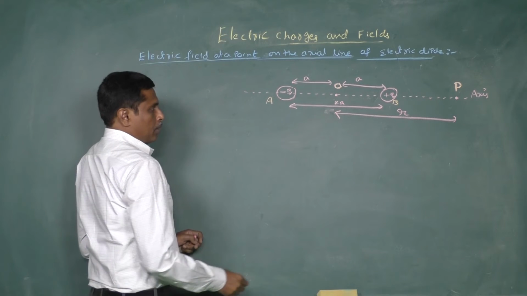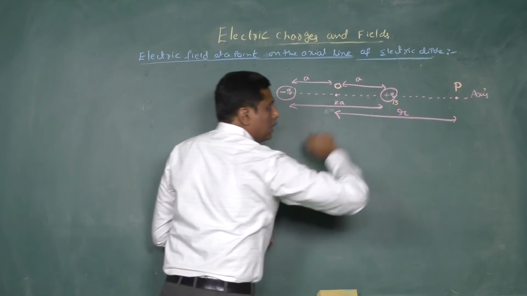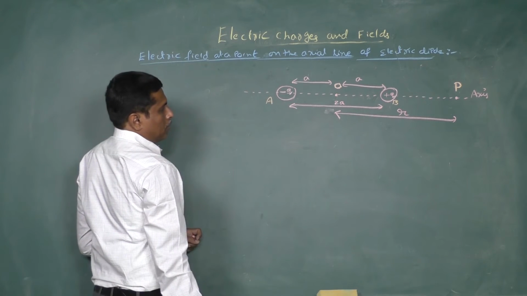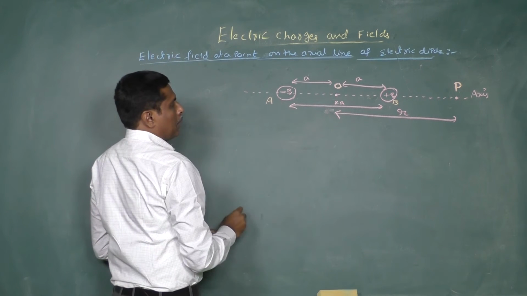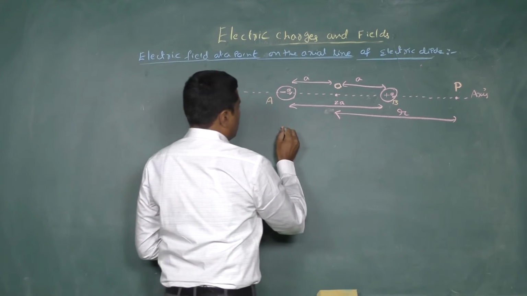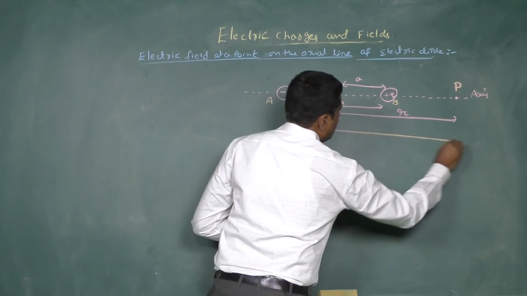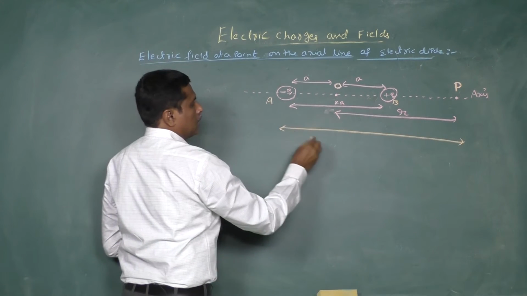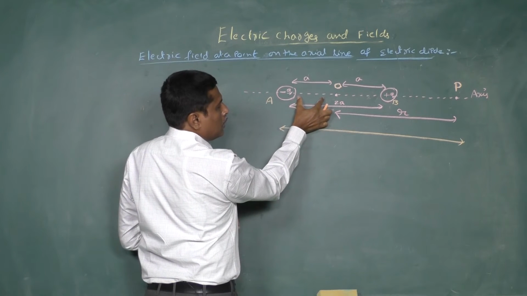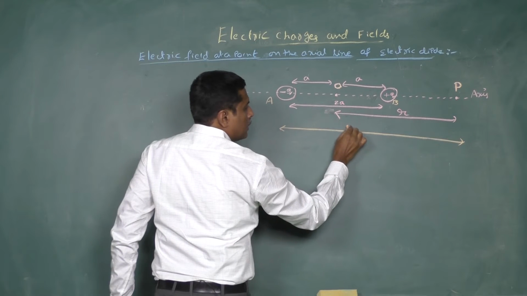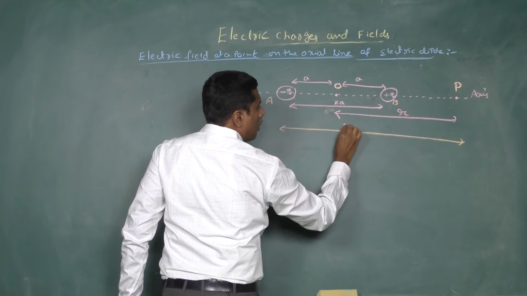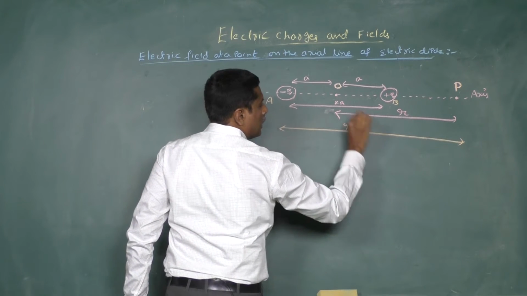Now, the point P is at a distance of r plus a from minus Q. You can say this spot is A and this spot is r, so we can write this distance equal to r plus a.